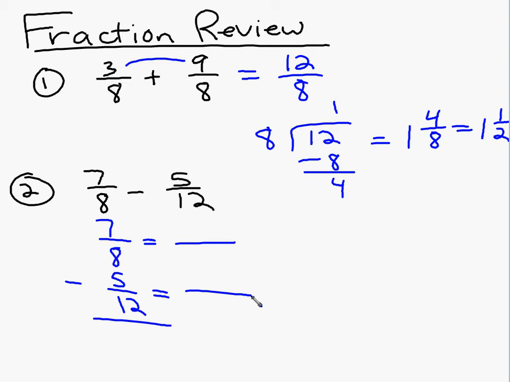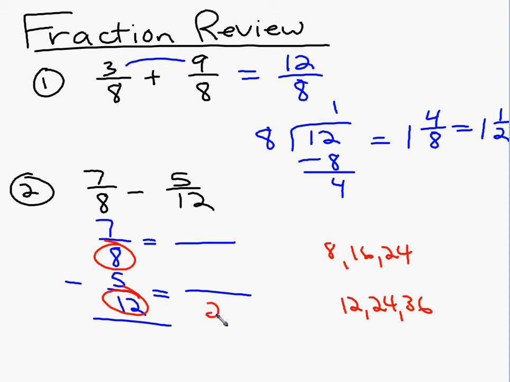The better way is to take your denominators and count up by them. Watch. 12, 24, 36. Count up by 8s. 8, 16, 24. Do you see a common number? 24 is a heck of a lot easier to work with than 96.